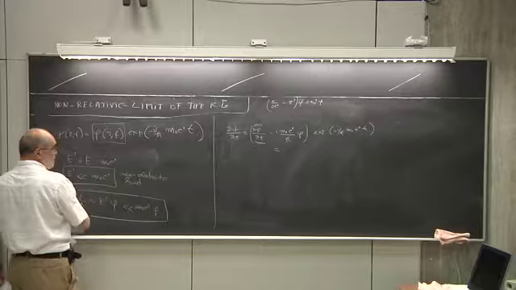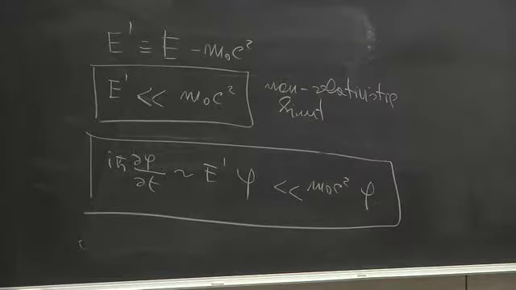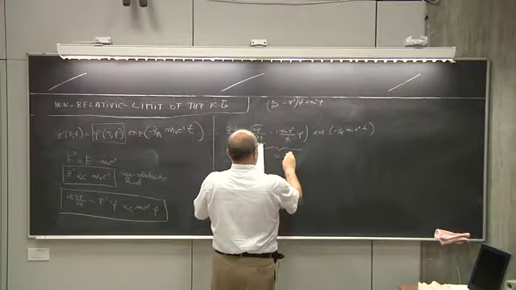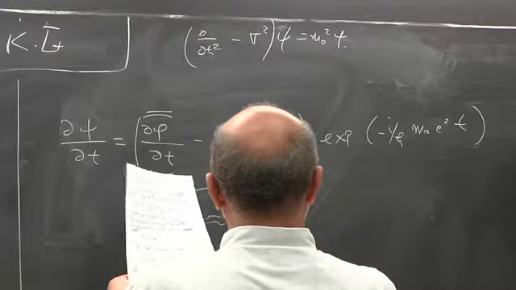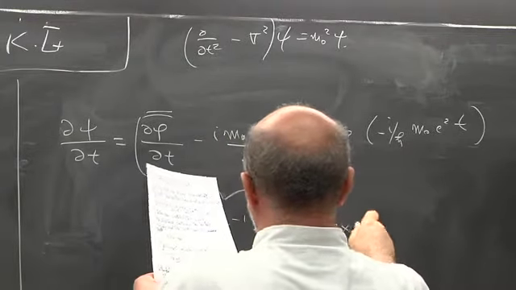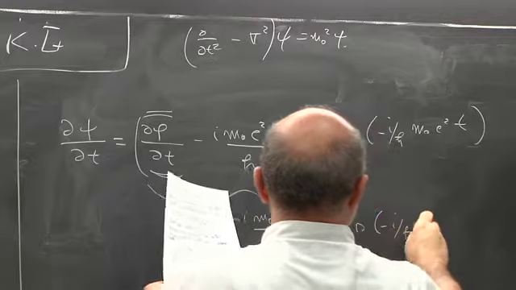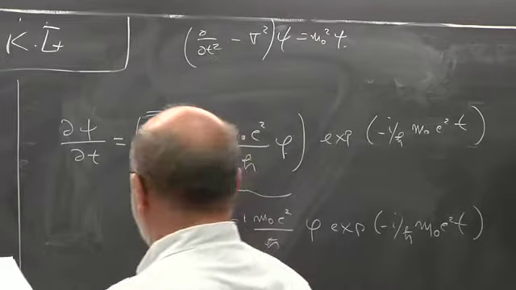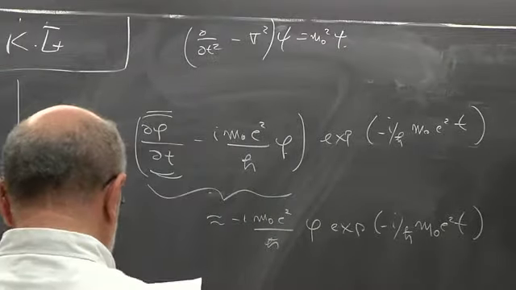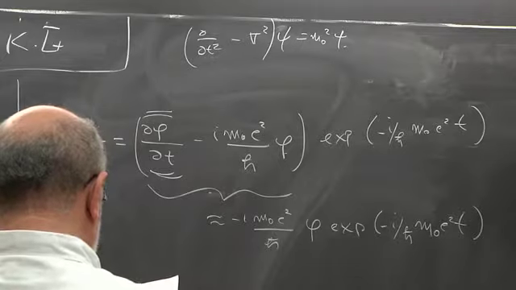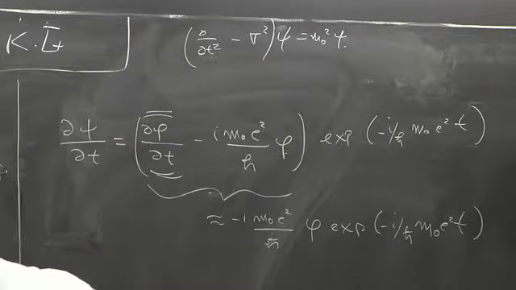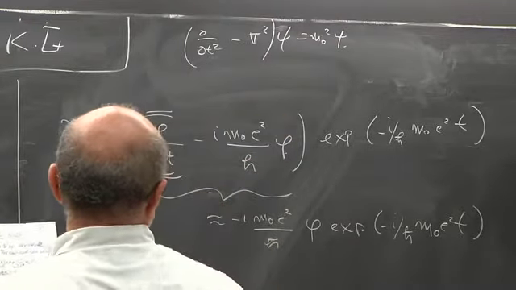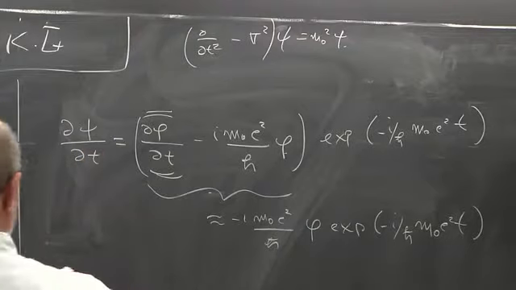Forget about the h bar that was in the denominator. So basically this quantity is basically minus i m0 c squared over h bar phi times exponential of minus i over h bar m0 c squared t. So here this object is much smaller than this, so I could keep just this and it would be okay. But let's proceed with the second derivative.